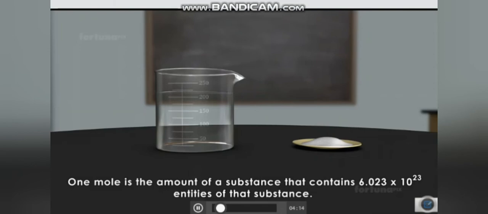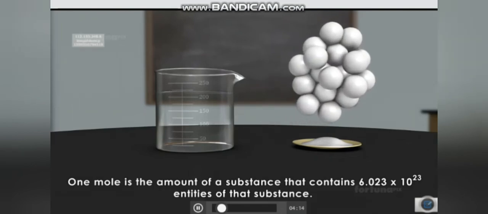1 mole is the amount of a substance that contains 6.023 multiplied by 10 to the power 23 entities of that substance.